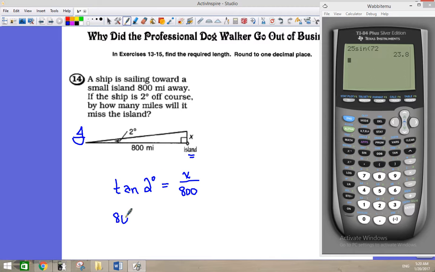Multiply both sides of the equation by 800. 800 times the tangent of 2, you miss it by just about 28 miles, right? 27.9 miles. So just a 2 degree mistake over that 800 ends up missing the island by pretty far.